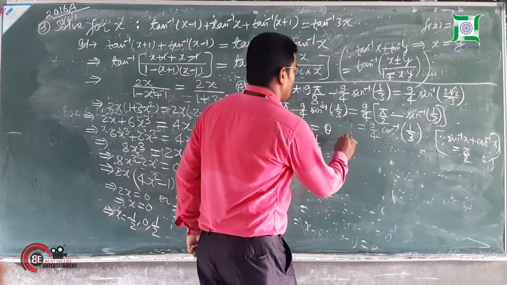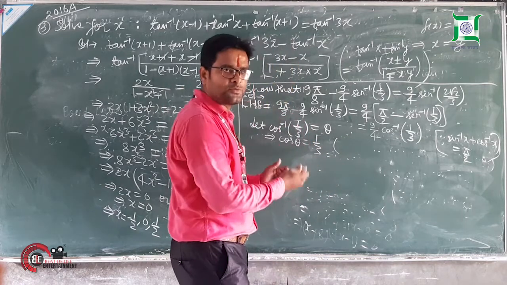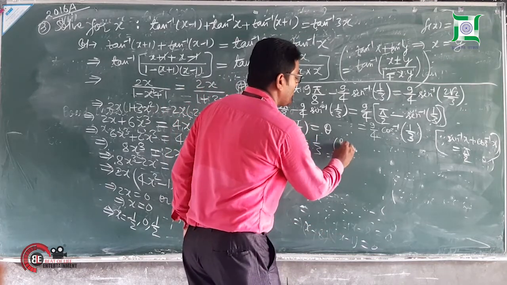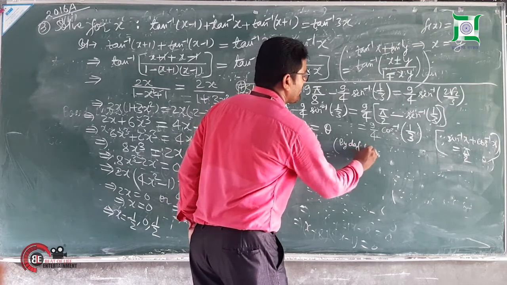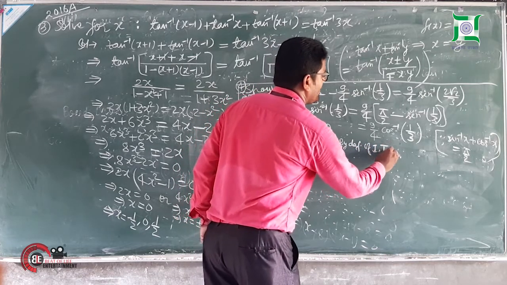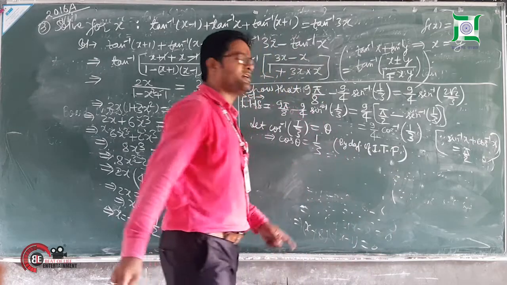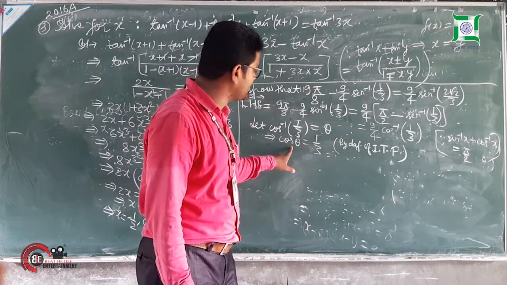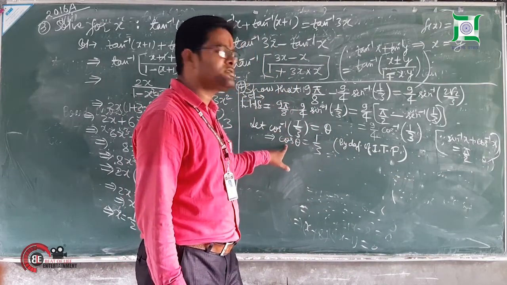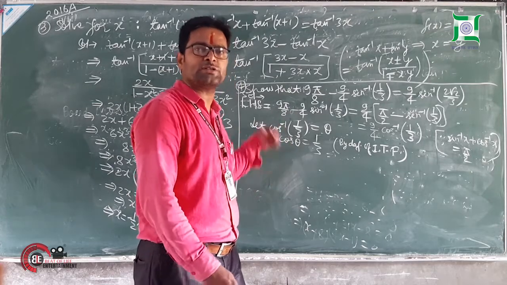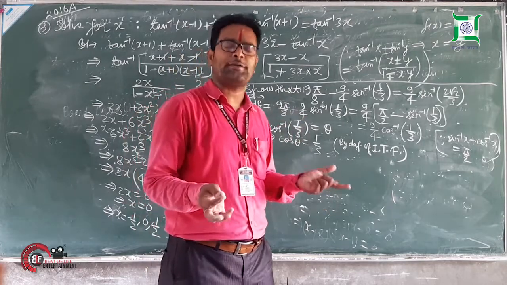You always have to write the reasons. By definition of inverse trigonometric functions, we can easily change inverse trigonometric functions to trigonometric functions, or the other way around, wherever we require.